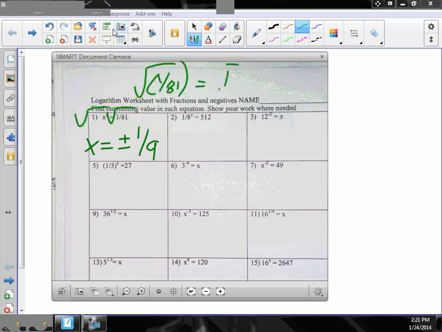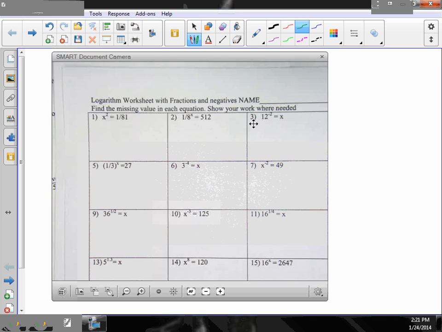So, number 2. 1/8 raised to the x equals 512. We ln, or you could switch it to logarithms, or you can ln both sides. They'll both work.